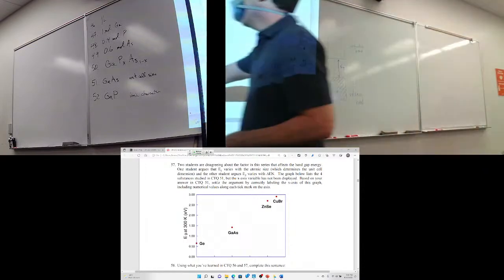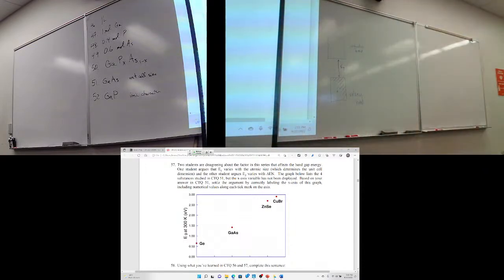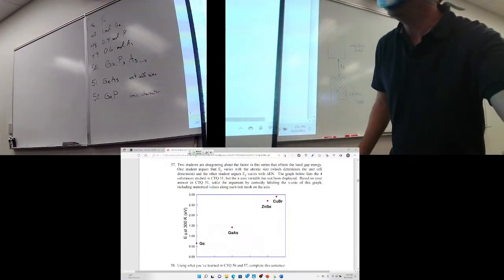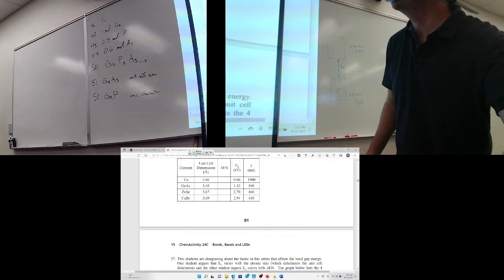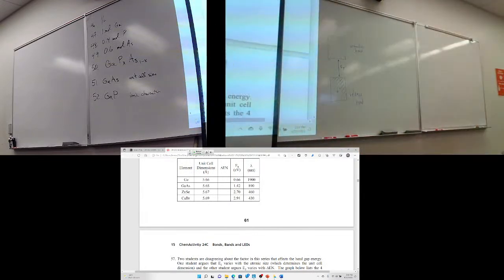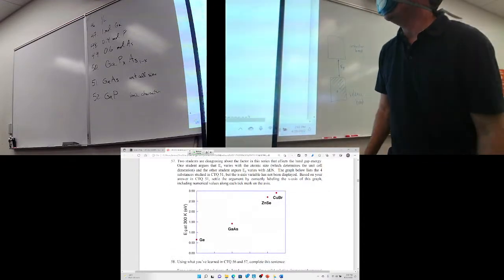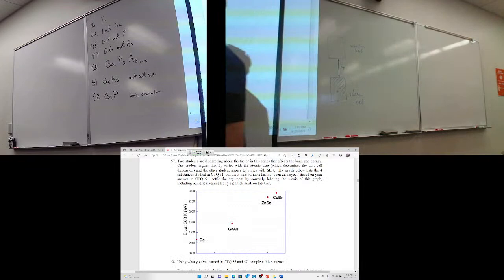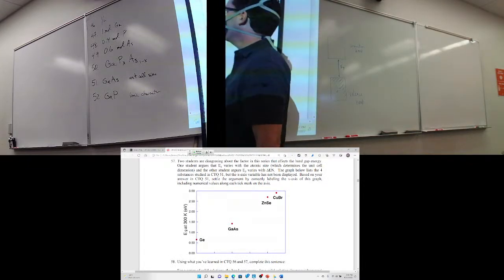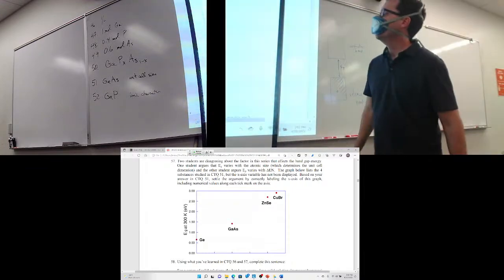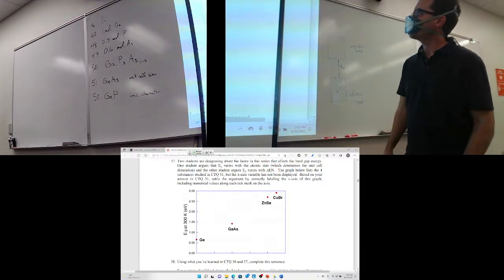What they're graphing here is difference in electronegativity on the x-axis. That's what's not labeled. This is basically the data from this table here. So they're graphing band gap versus the values that we filled in. And hopefully you can clearly see that as the difference in electronegativity goes up, the band gap goes up. We get a nice linear relationship here.